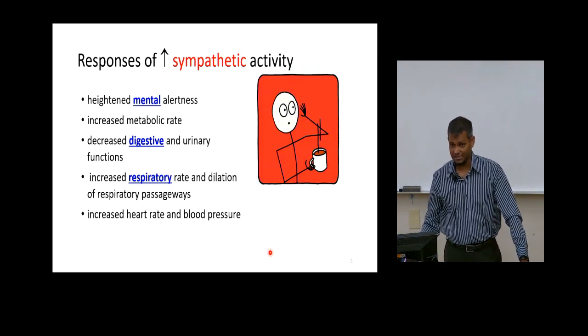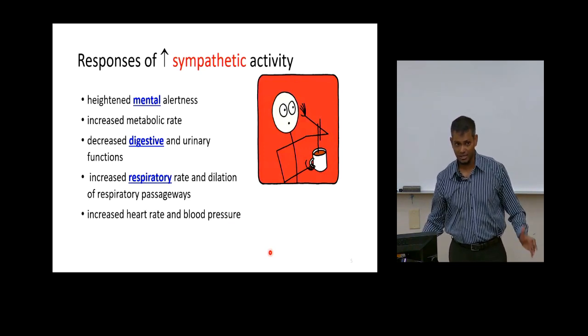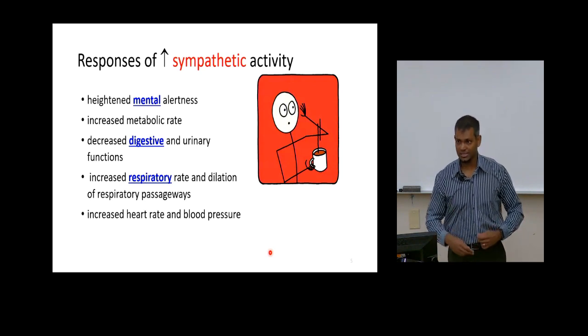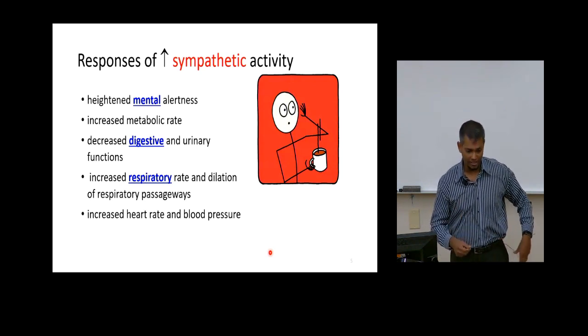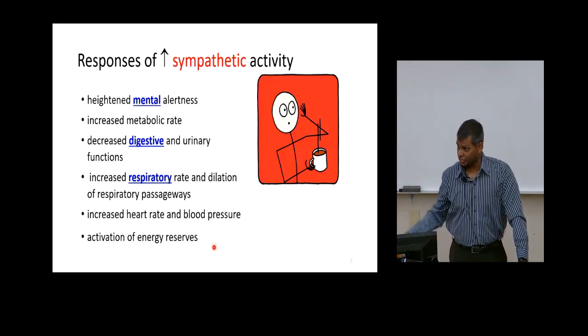The reason for that is you want the blood to be circulated at a faster rate so that the tissues in your body can get the oxygen, and also carbon dioxide can be removed from the various tissues. And any energy reserves like fats will be broken down when you have this sympathetic activation.